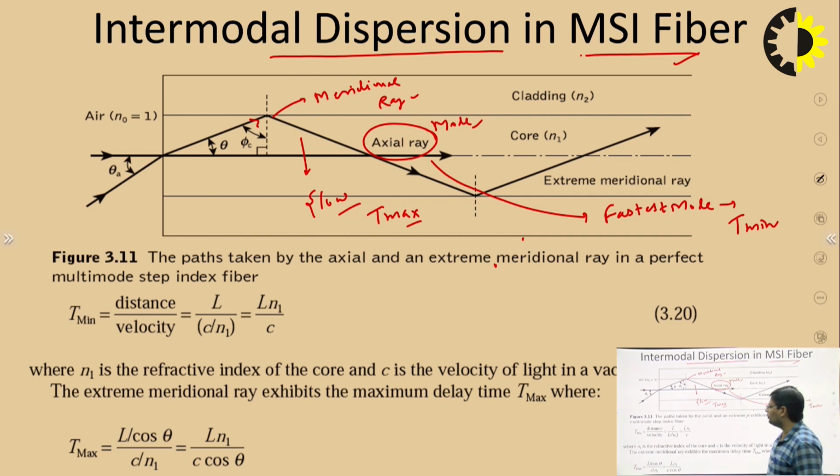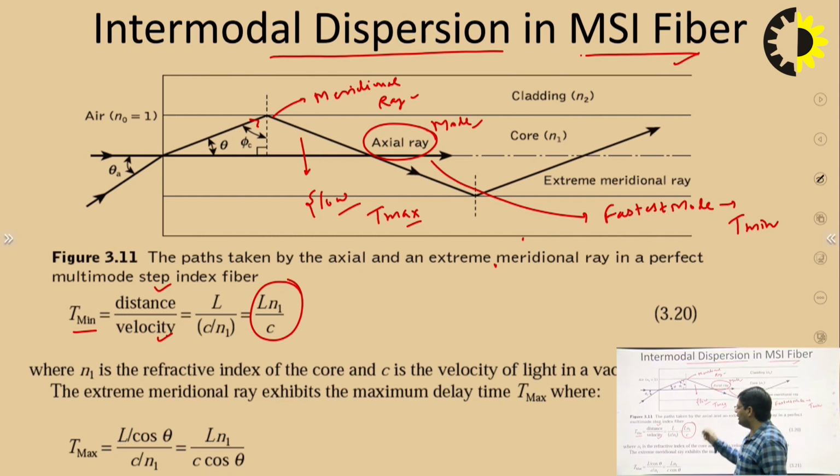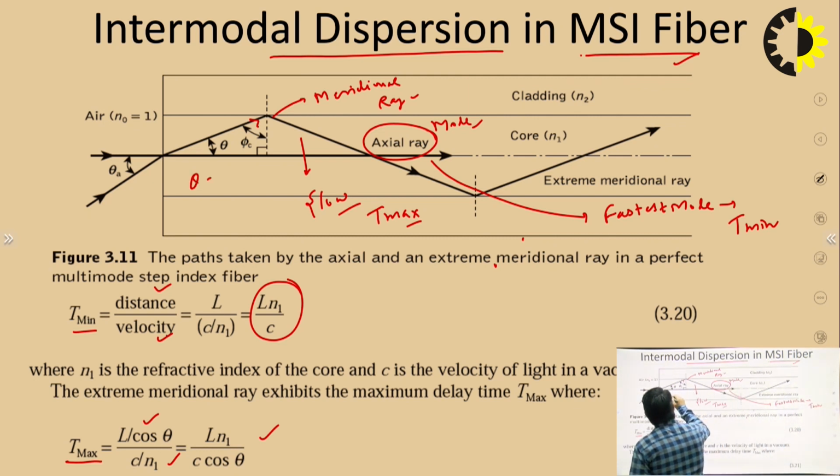First of all, we will calculate T minimum. T minimum equals distance by velocity, so it will be L n1 by c. Now for the case of the extreme meridional ray, we will calculate T max. It will be L by cos theta into c by n1, that is L n1 by c cos theta. Now from this we can see that theta equals 90 minus phi c.